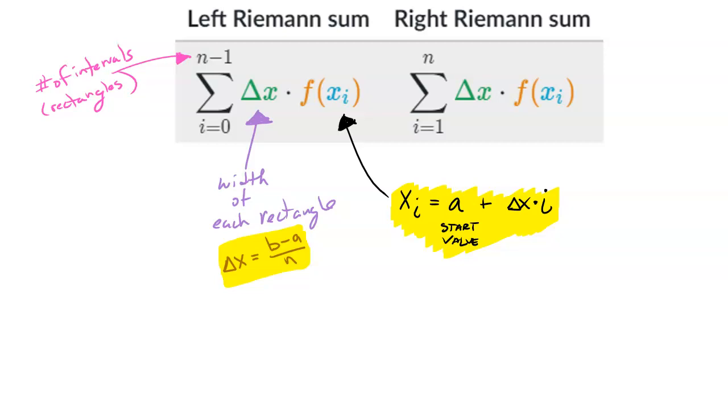Now, I will definitely add on to this. f of x sub i means that you put this formula into the function you're given.